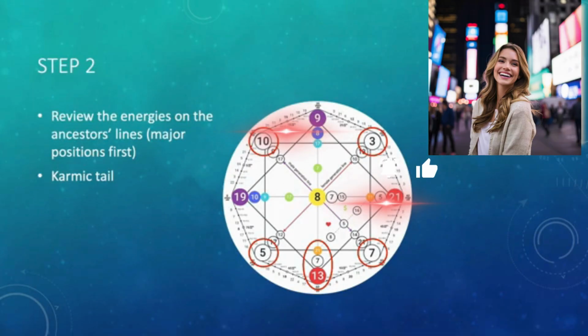So the next step, you can review major positions located on the ancestors' lines. And I recommend reviewing major positions first. All these little numbers go into addition to the number on the main circle. And also you can review your karmic tail.